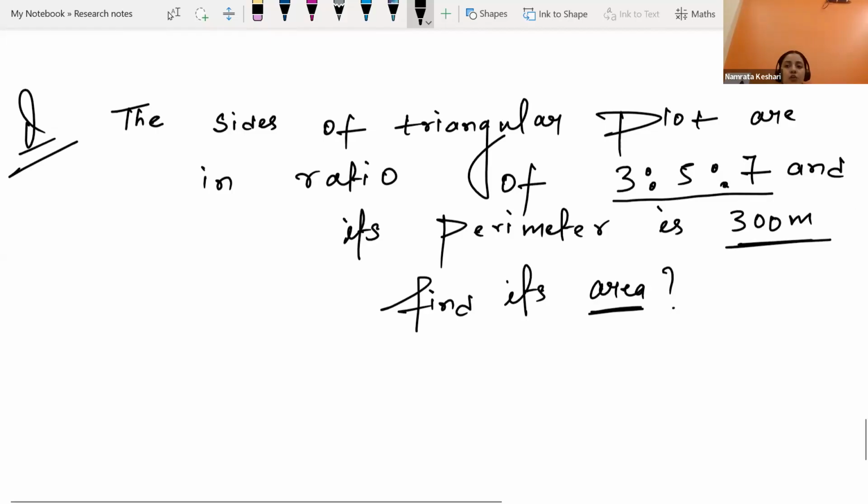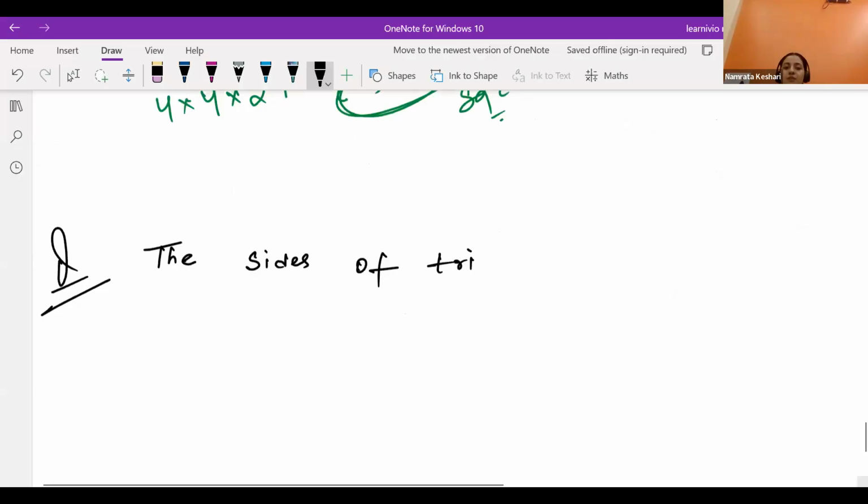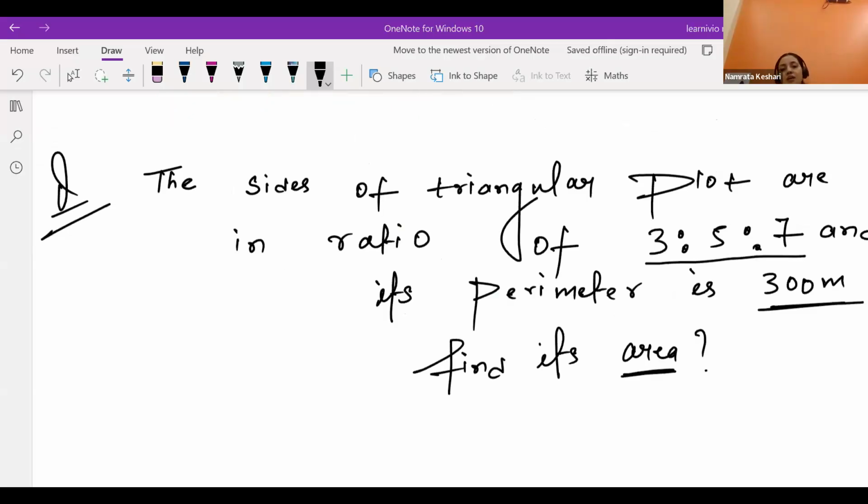I'm coming to each one of you to ask what can be the approach. So yes, we can start from Arhan because he is more comfortable with this chapter. Arhan, how to find the area?